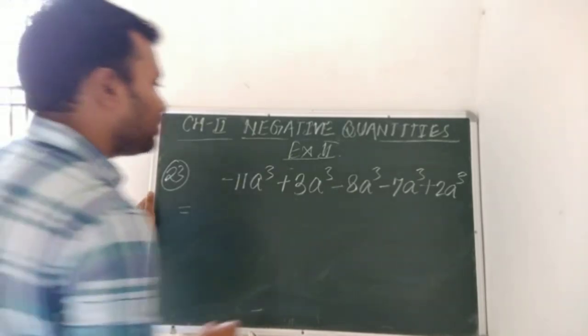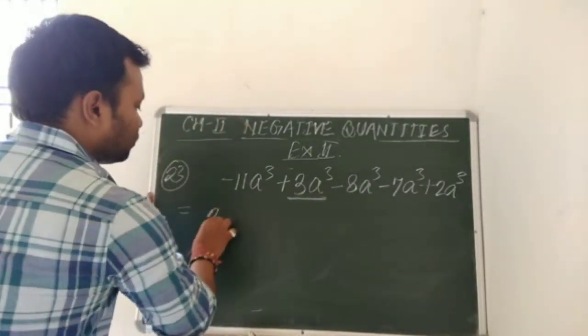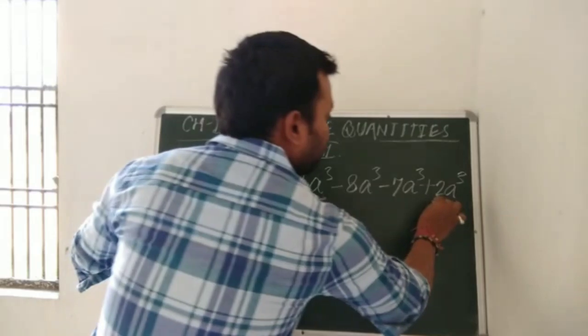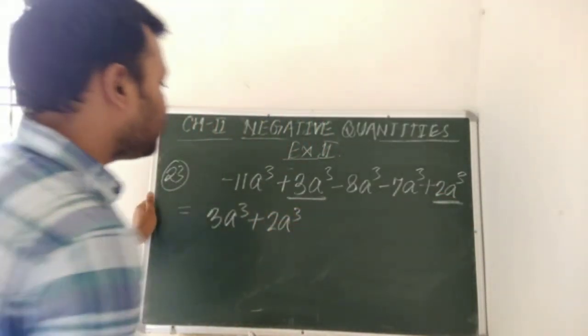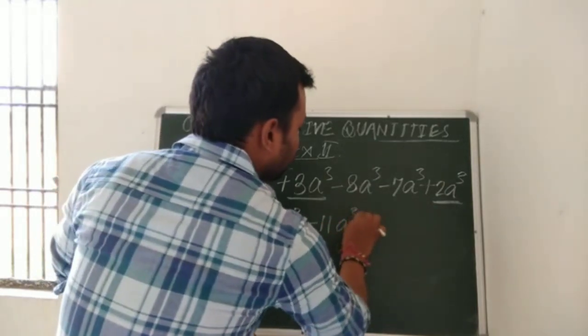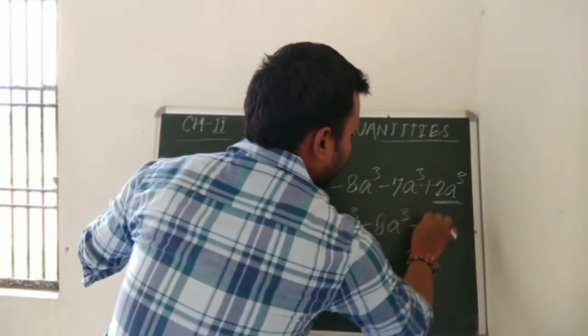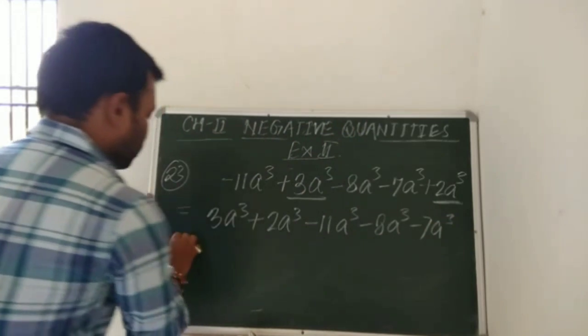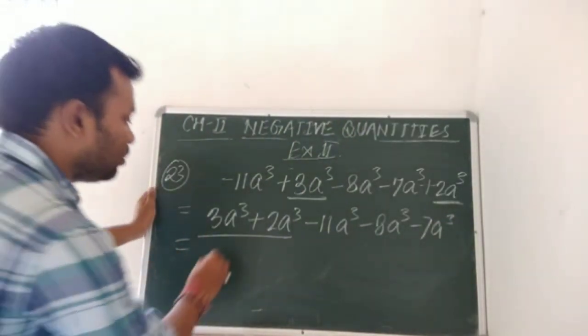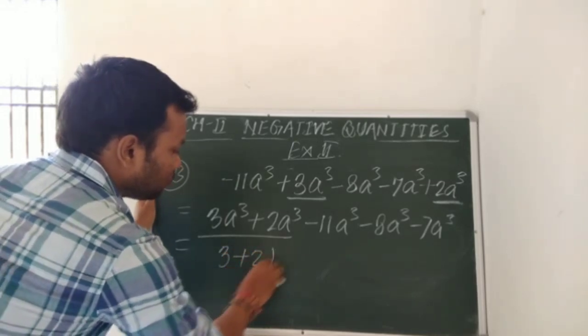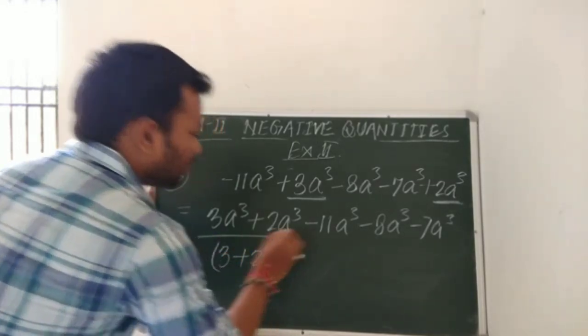So collect all the positive terms, 3aq plus 2aq, and collect all the negative terms, minus 11aq, minus 8aq, minus 7aq. Now for the positive terms, we will add their coefficients first. The coefficients are 3 and 2, so we will add them.